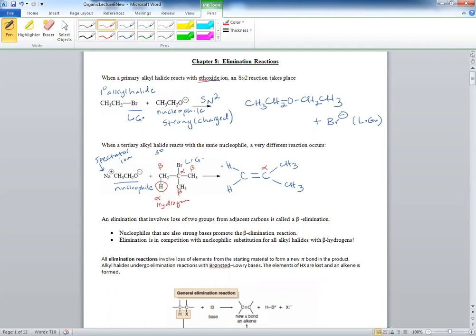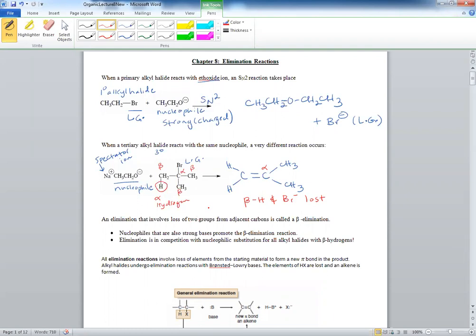So an elimination meaning that the bromide ion, in this case, is your leaving group. Also, if you notice, this H was lost as well. So we say the beta H and Br minus lost. That's why we call it an elimination reaction.